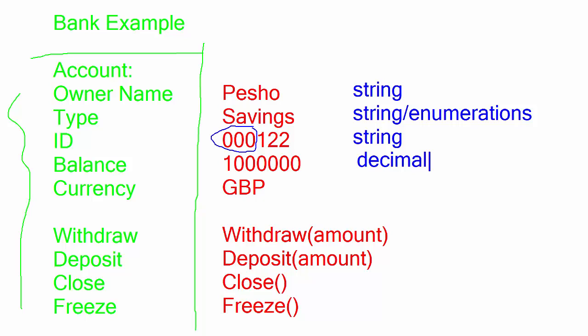Decimal is the most accurate data type in C# for calculations where you need to be very precise. And here you need to be, because this is money, right? If someone loses 1 penny, he's going to be very, very angry at you, and that shouldn't happen. Okay, then this is currency.